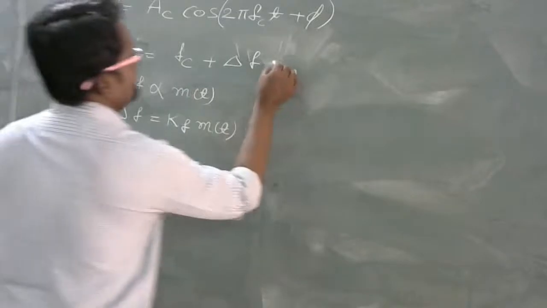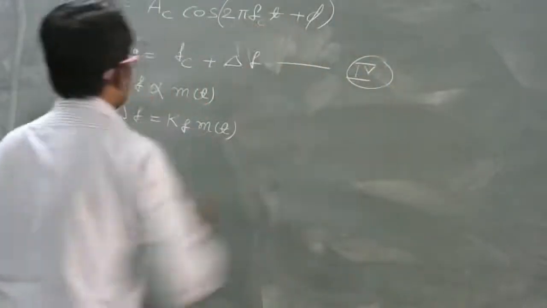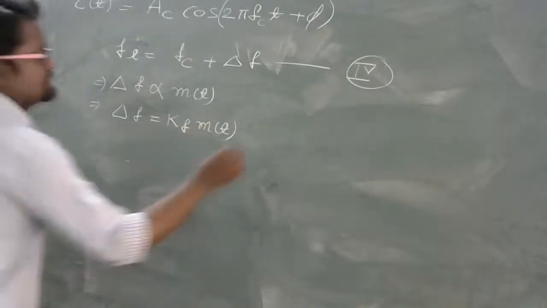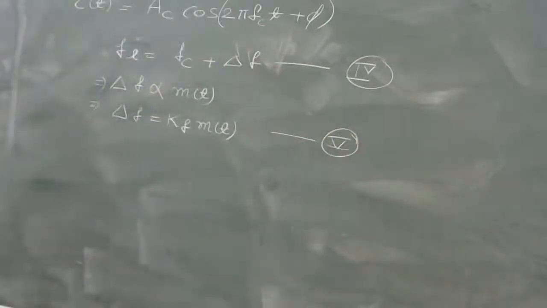Write this equation as equation number 4, and write this one as equation number 5.